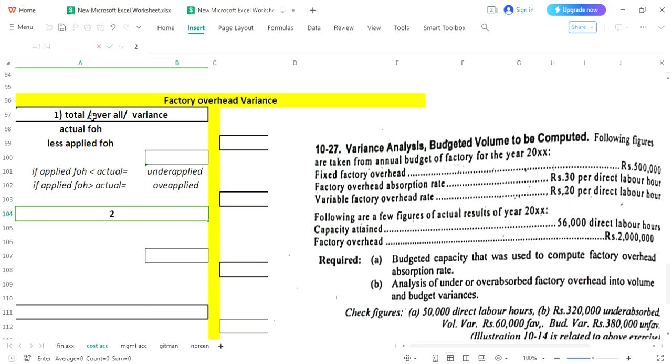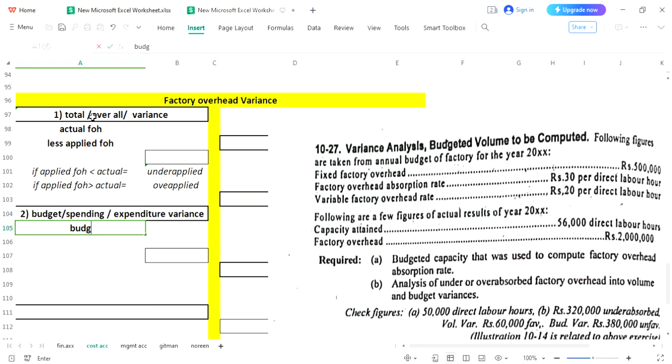Then the second variance you will calculate would be your budget, also called spending or expenditure variance. It is a relationship between budget and actual.